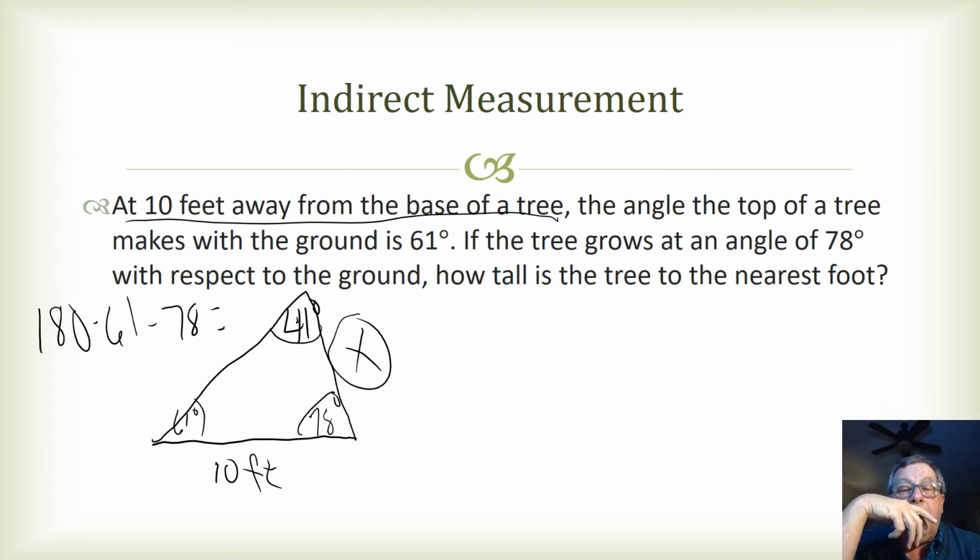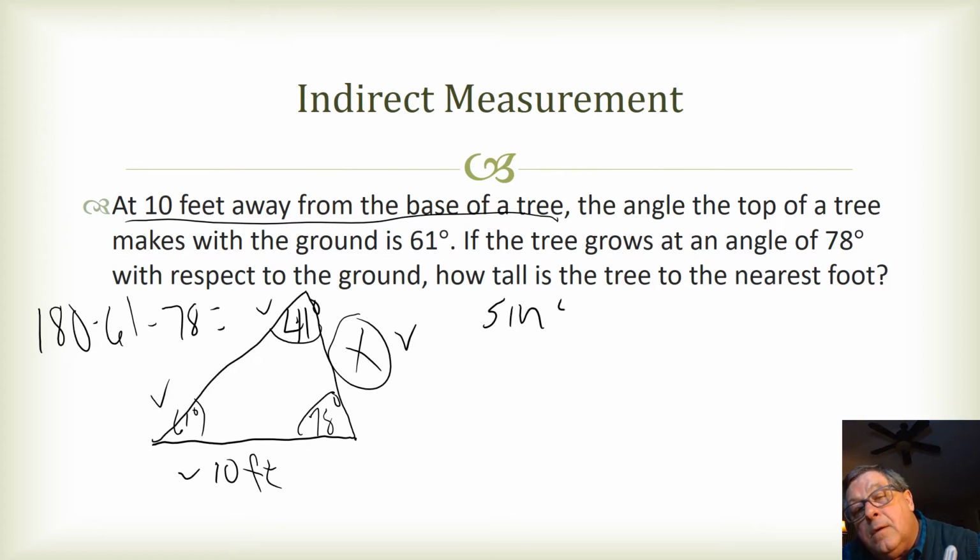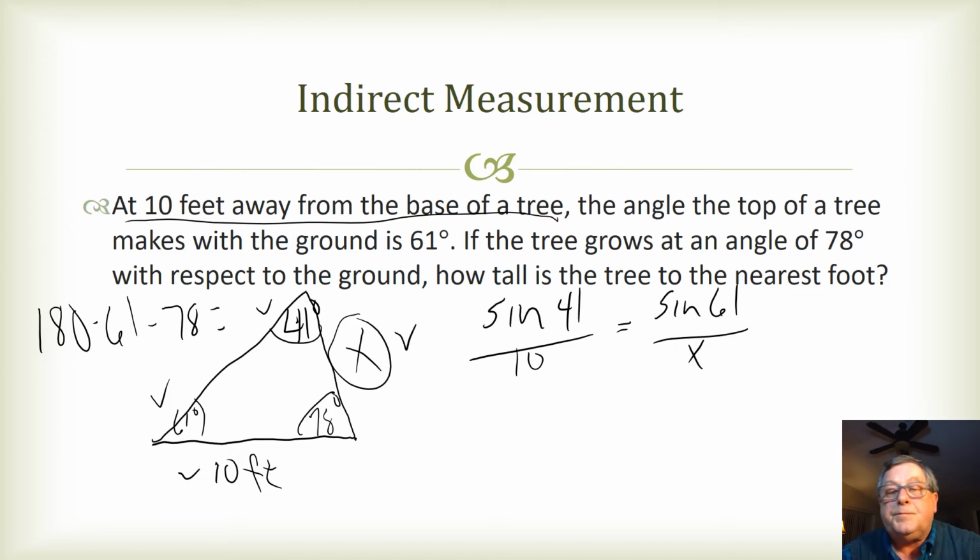Okay, so now I've got an angle and a side opposite, and then I got an angle down here and a side opposite. And I can set this up using the law of sines. So I got the sine of 41 over 10 equals the sine of 61 over x. So we do a little cross multiplication.